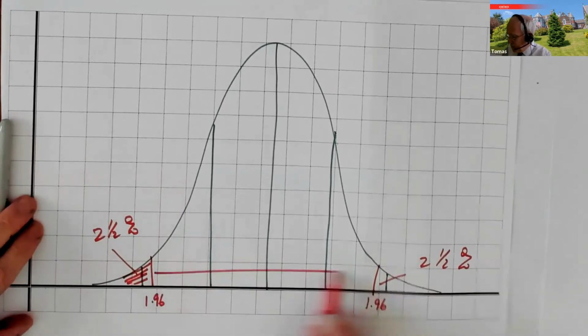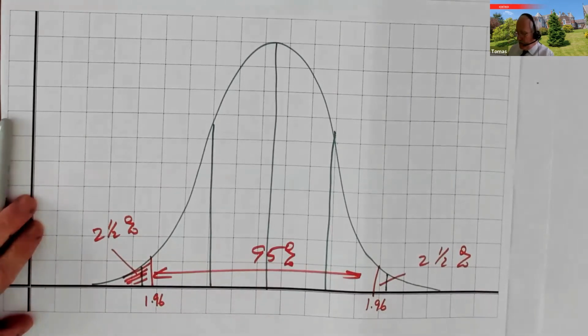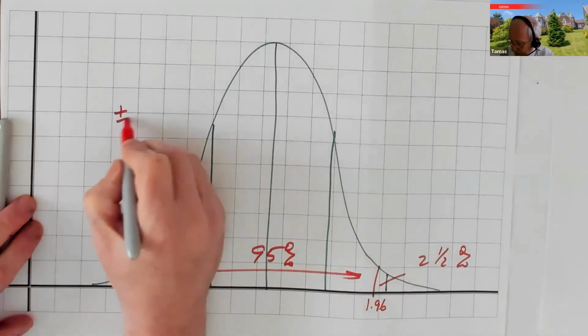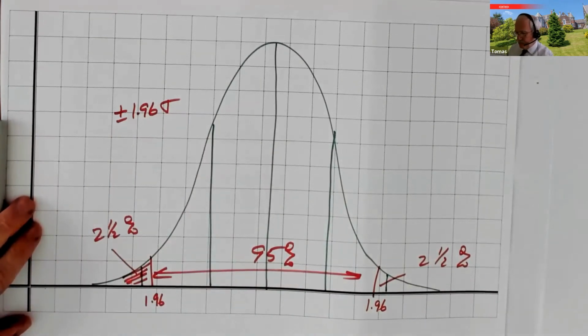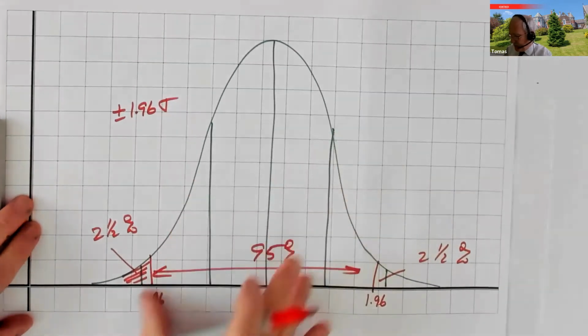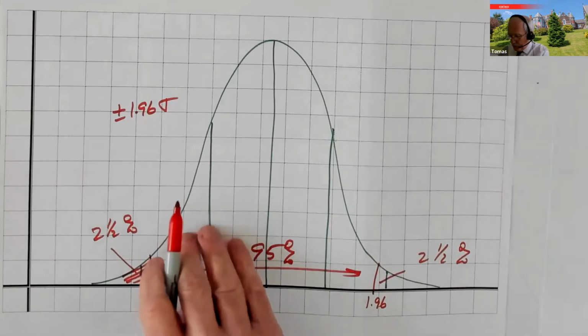In other words, I end up with 95% in the middle. So very often you hear the term plus or minus 1.96 standard deviations, or sometimes standard errors. But basically you can see that 95% of the graph falls between the two. So that's why that's an important base.